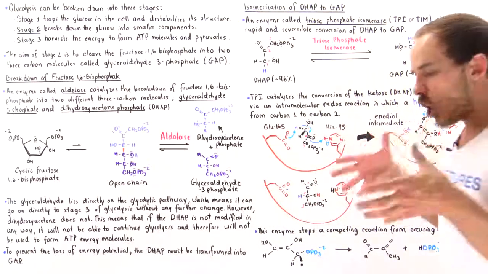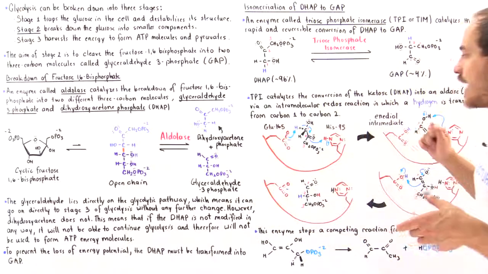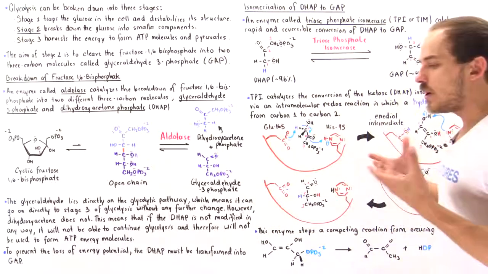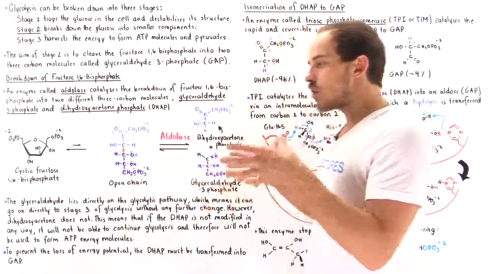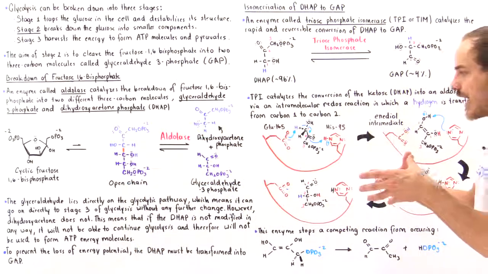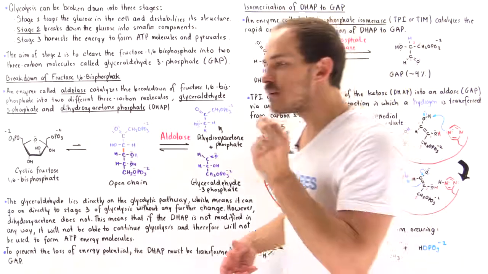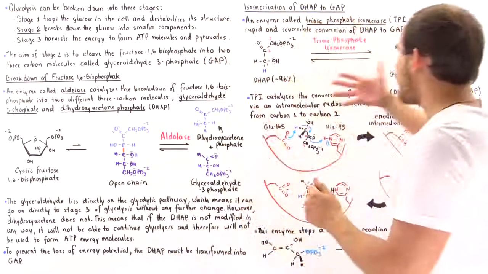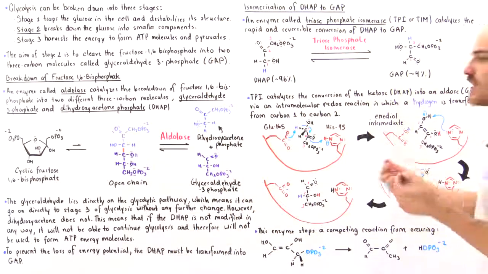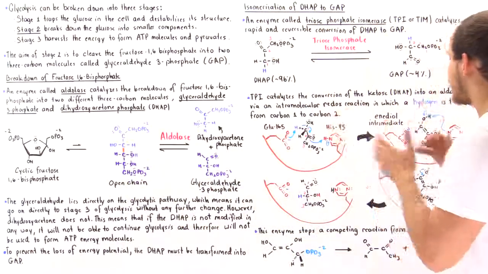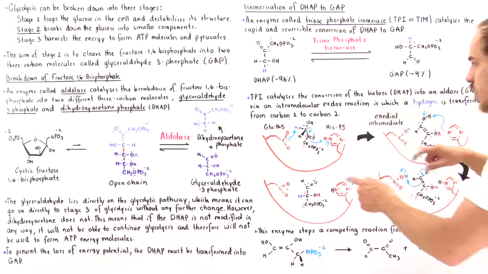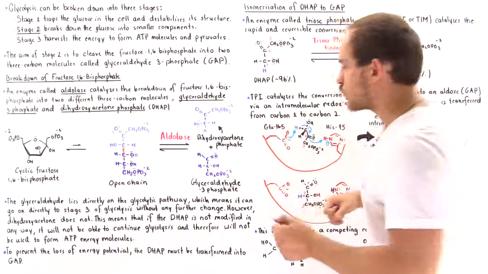Now, if we go into the active site of this enzyme, we'll see a bunch of these alpha-beta barrels. In the active site, there are two catalytic residues that catalyze this reaction via an acid-base reaction. We'll see exactly what that means in just a moment. So what are these two catalytic residues?